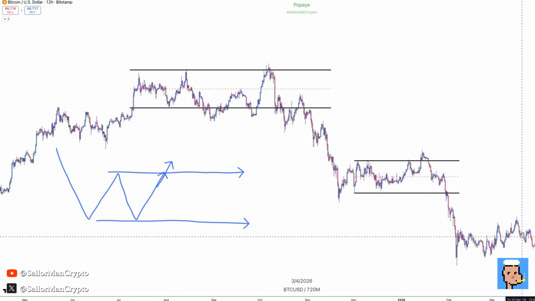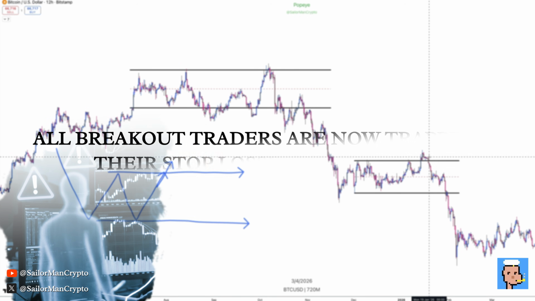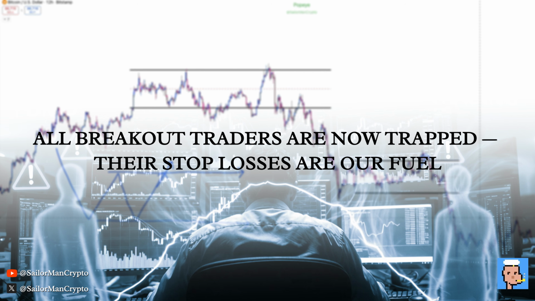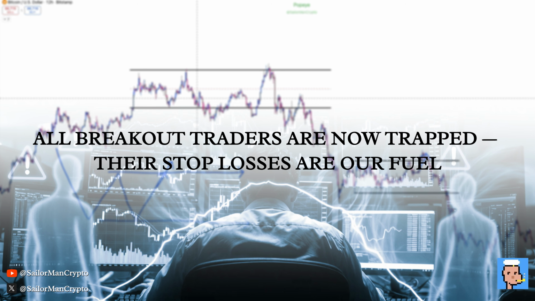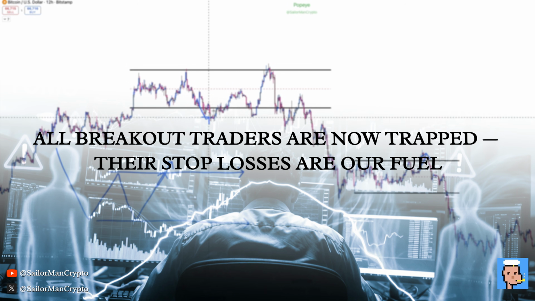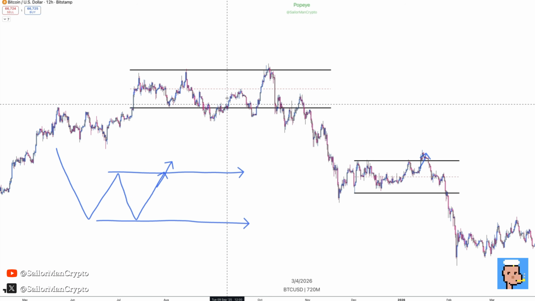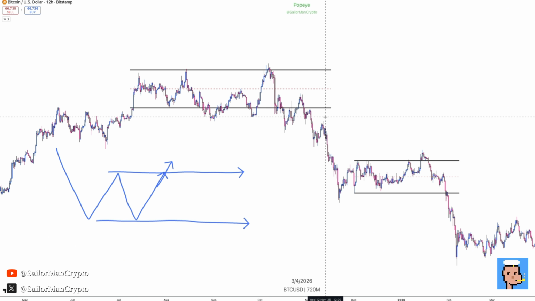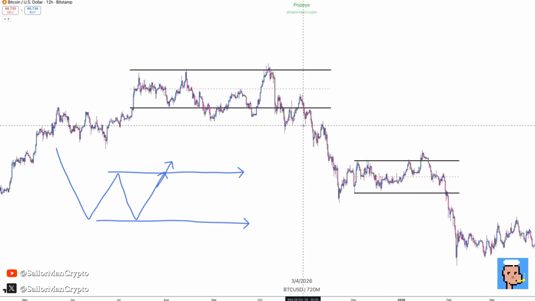This is where it gets interesting. So all breakout traders are now trapped. Everybody who tried to long this is trapped. Everybody who tried to short this is trapped, because price moved once again in the opposite direction to what they wanted. So their stop losses now are our fuel.